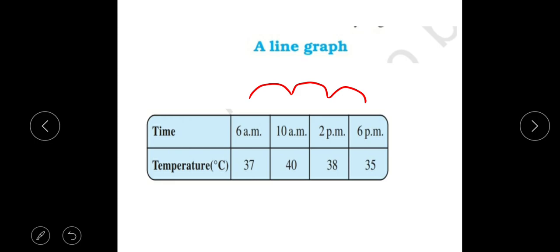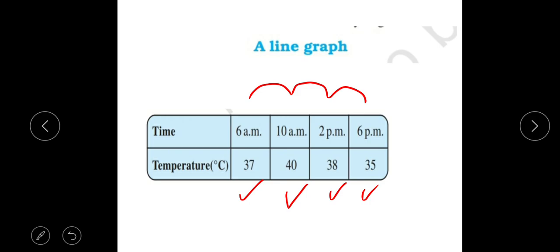At 6 a.m. the temperature was 37 degrees Celsius. After 4 hours, at 10 a.m., it was 40 degrees Celsius. Then at 2 p.m. 38 degrees Celsius, and at 6 p.m. it was 35 degrees Celsius. Okay. Then there is a variation in the temperature every 4 hours.